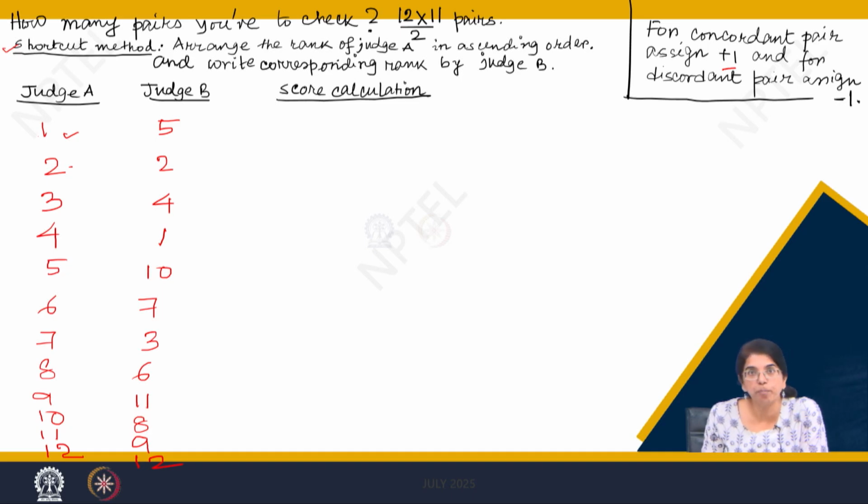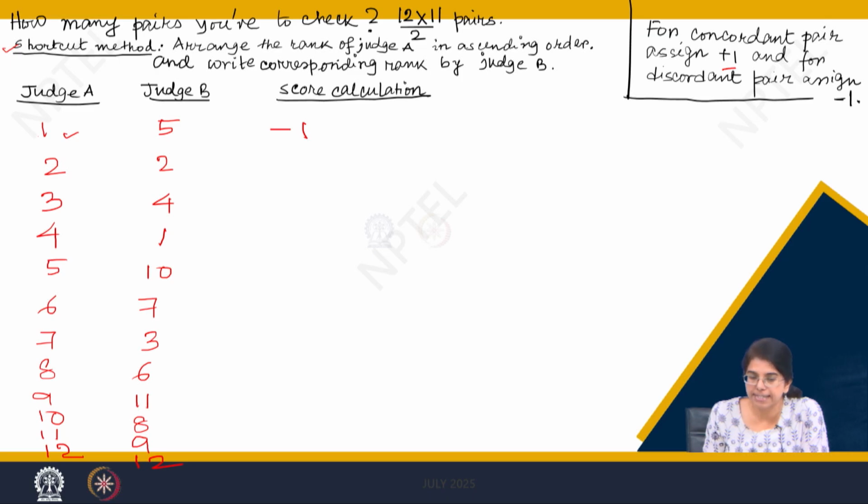So there's no point of making the match for the rank given by Judge A. You have to only work with the ranking given by Judge B. So you will see 2, 1 is less than 2, 5 is less than 2, no. So that is minus 1.